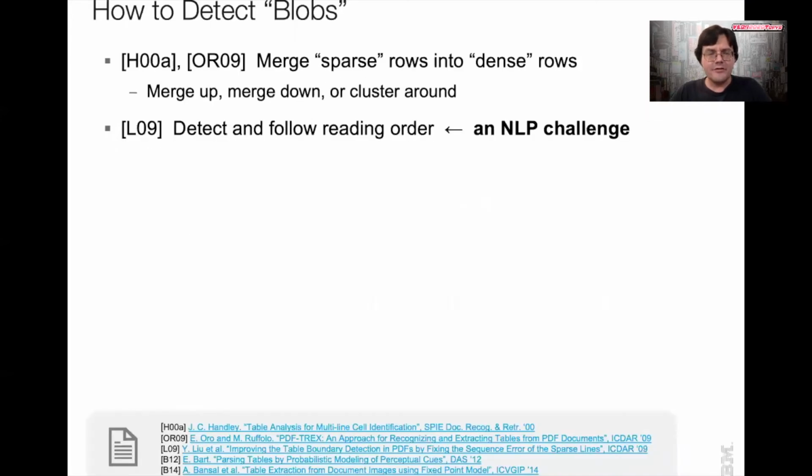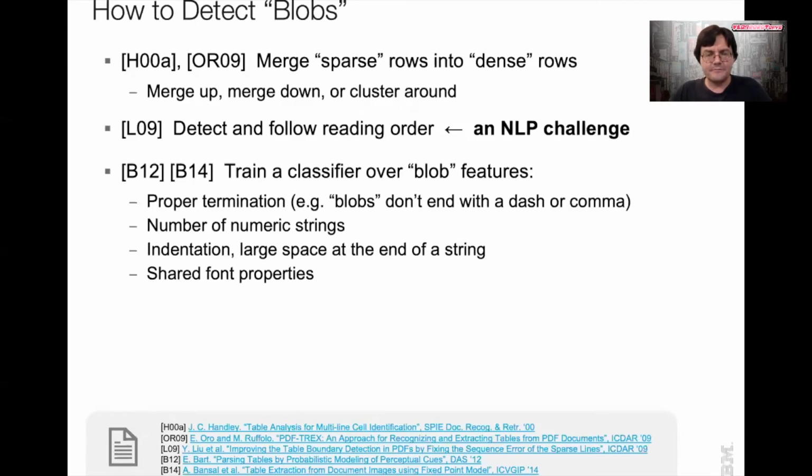What are the approaches to detect blobs? One we have already considered, which is the labeling of the rows and then merging sparse rows into dense rows. Another would be to rely on reading order detection, which is in itself a significant challenge.